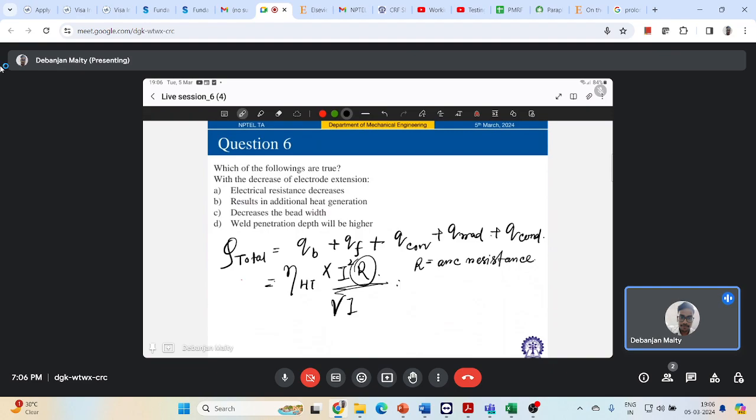At the same time, if your welding current is too low, what will happen? The penetration will be inadequate, right? The melting will be inadequate. There will be some defect due to lack of fusion, right? The melting will not be adequate enough to join the material, right? So those parts are there.